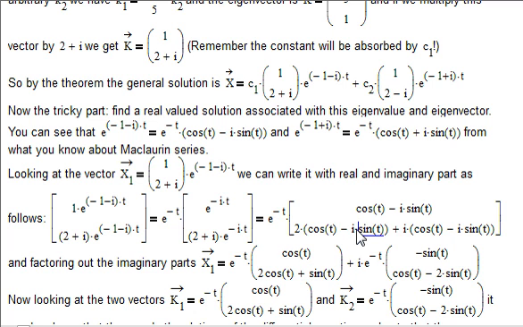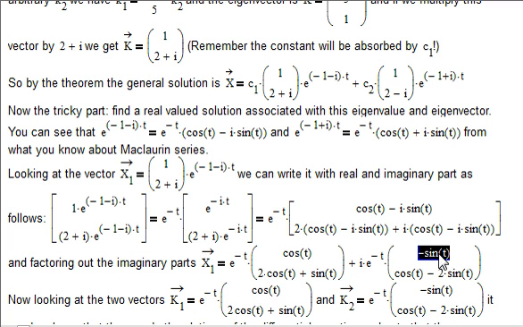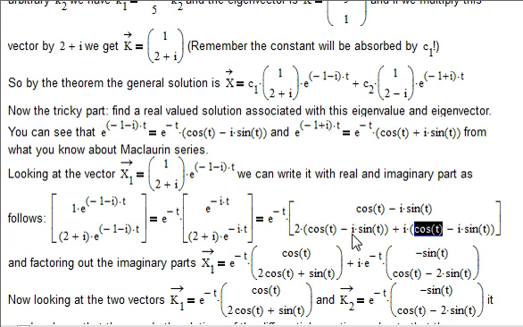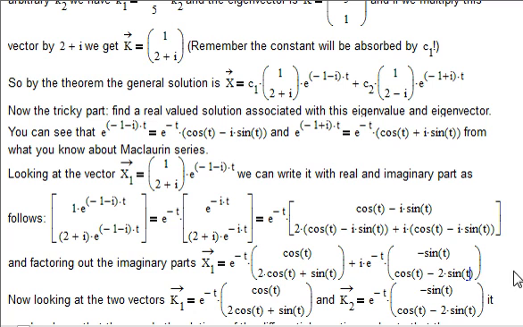And then plus i that factors out of this, this, and this. We have plus i times e to the negative t times negative sine of t, and then down in the basement we've got cosine of t minus 2, that's this 2 times i sine of t.